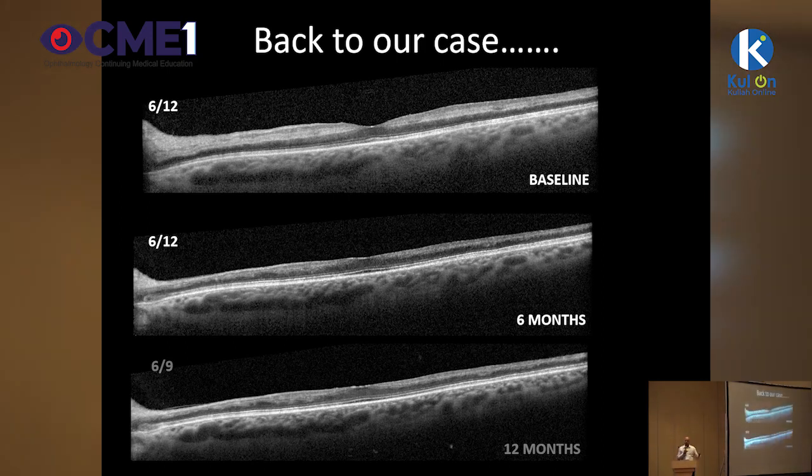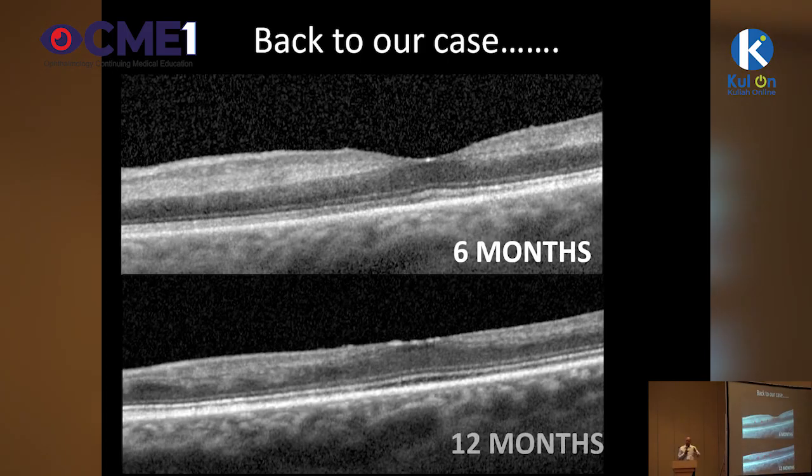So I just want to go back to our case of our patient that presented with vision of 6/12 with a PAM lesion and just some delay in retinal filling on the fluorescein angiogram. And this patient never received any treatment, but their visual acuity slowly improved over time to 6/9. So you can see that even though the retina appears quite thin on OCT, the visual acuity is actually very good.